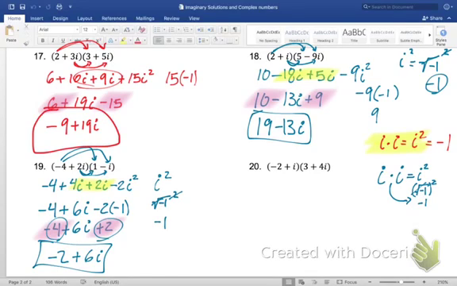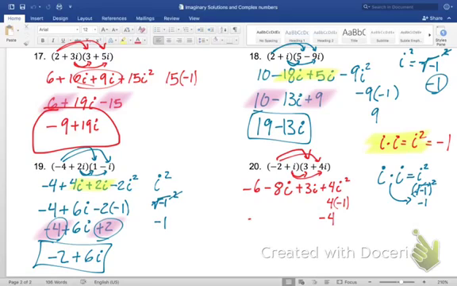Last one. 2 times 3 is negative 6. 2 times 4i is negative 8i. i times 3 is plus 3i. i times 4i is plus 4i squared, which turns into 4 times negative 1, which actually makes it negative 4.